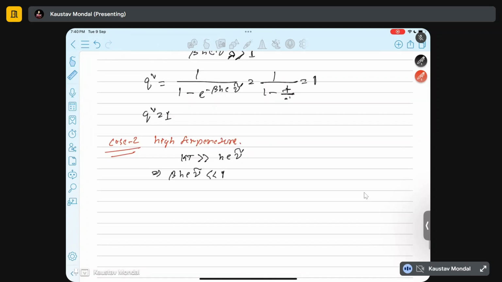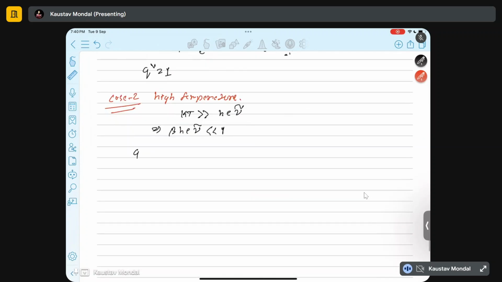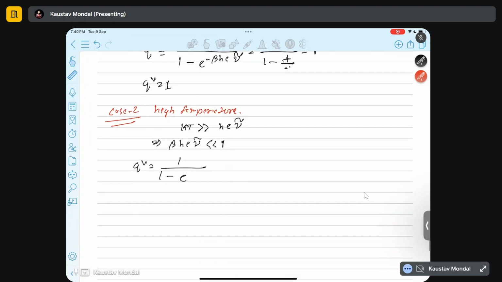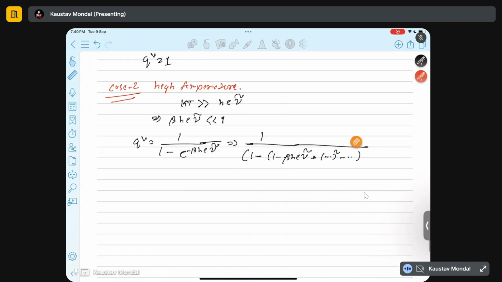So we have to approximate the vibrational partition function, which is 1 by 1 minus e to the power minus beta HC nu tilde. If this is much smaller than 1, we have to expand this exponential: 1 minus beta HC nu tilde plus some square terms, which we can avoid because they are small, so we can avoid the higher order terms.